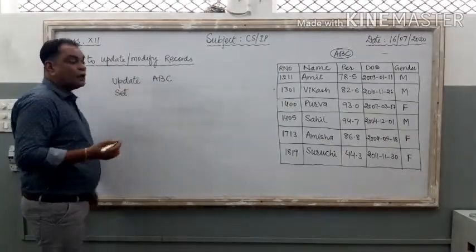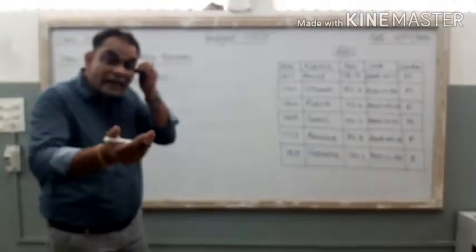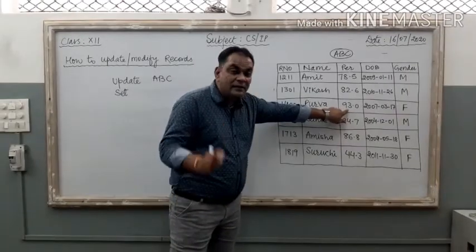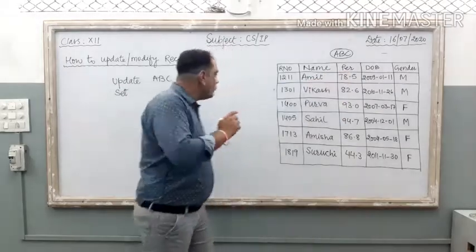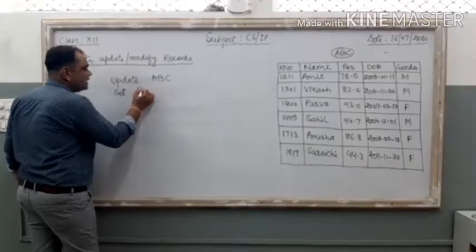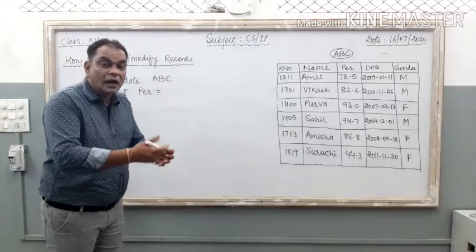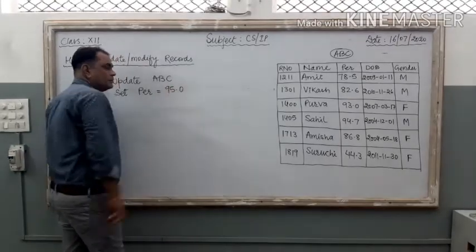Now try to find out in which particular column I want to make a change. I want to update the value. The percentage needs to be changed, 93 to 95. It is in the percentage column. So with the set command, you write set PER equal to the new, rectified value, 95.0.